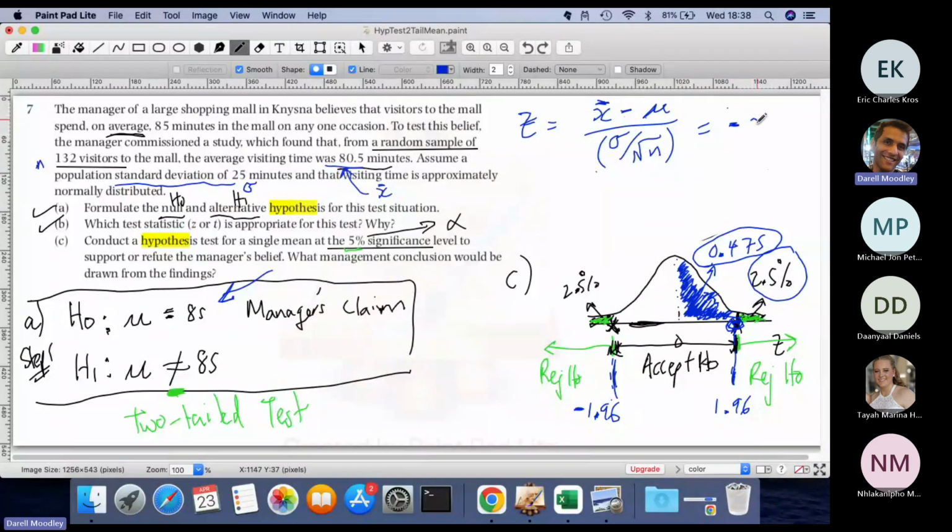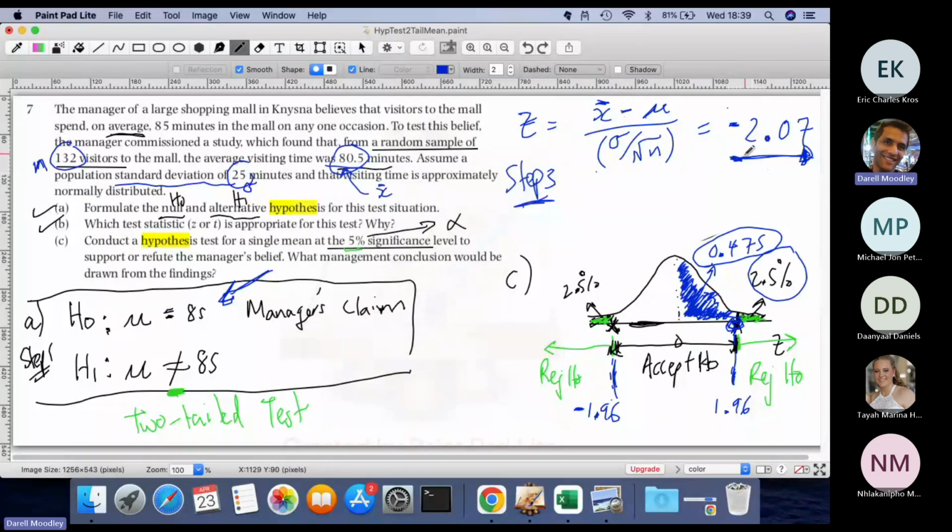Plugging in X bar, sigma, n, and then your mu is just what's in the hypothesis, you get minus 2.07. Now you've done pretty much all the hard work. The easy part is just interpreting it. You've done step 3, what we just did.